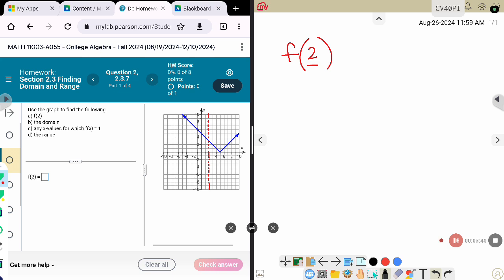Because I have gone to the right 2. Let's look at where it actually crosses the graph. It's crossing the graph at this point here. What is the y value of that point? When you trace it over to the y-axis, you will see that the y value is positive 3.